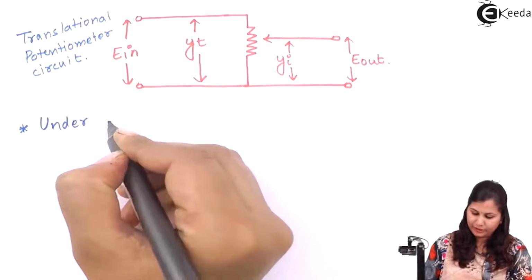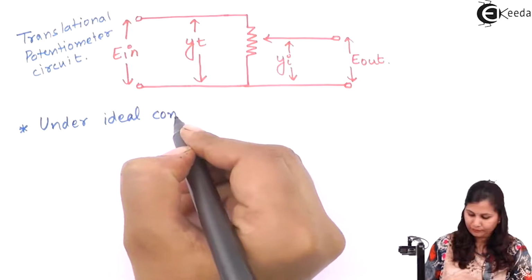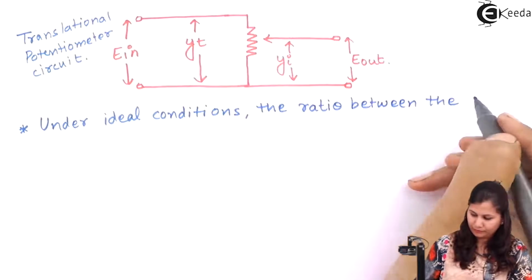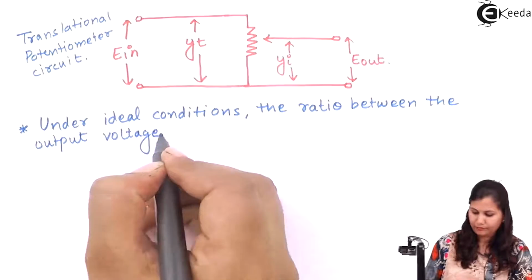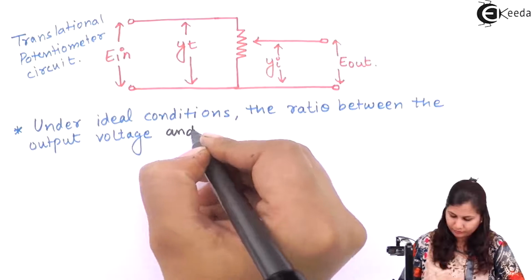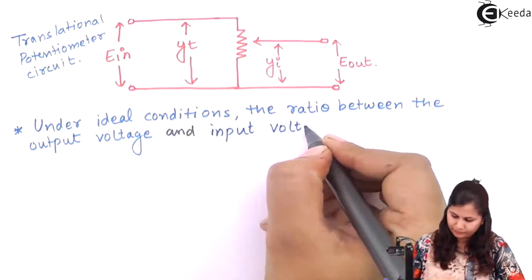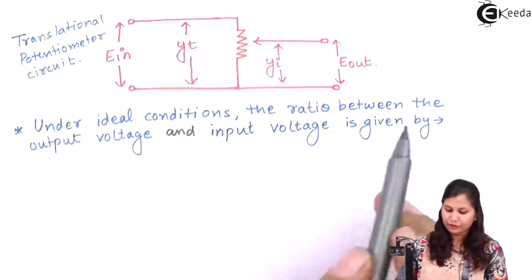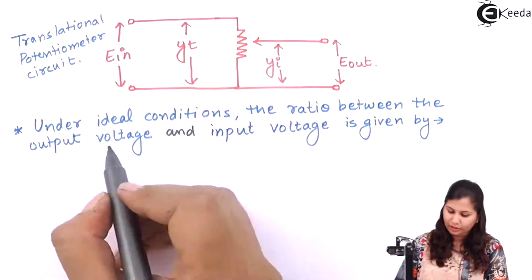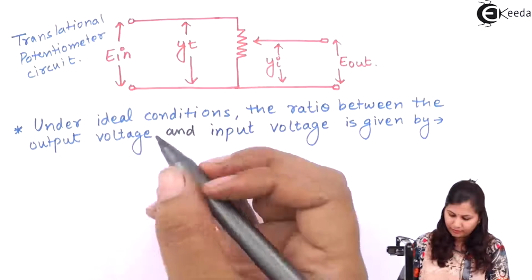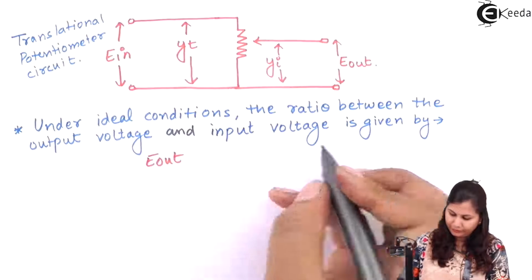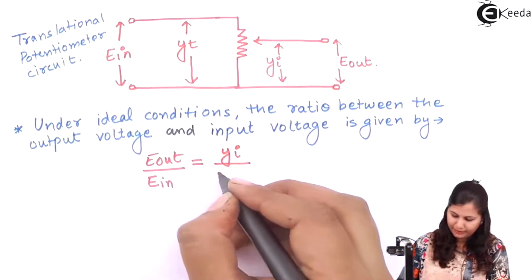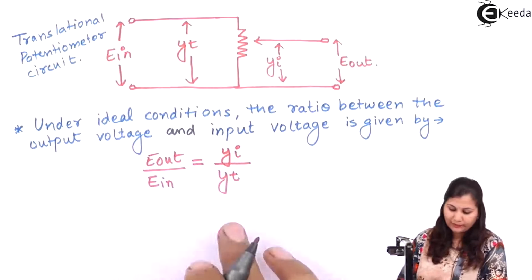So under ideal conditions, the ratio between the output voltage, E out, and the input voltage, E in, will be given by Yi by Yt. Okay. Now what is Yi and Yt?